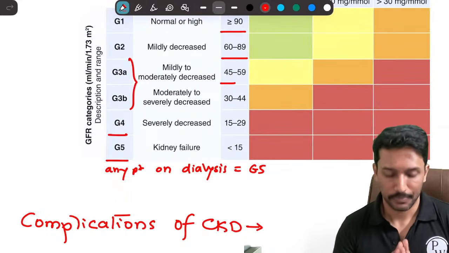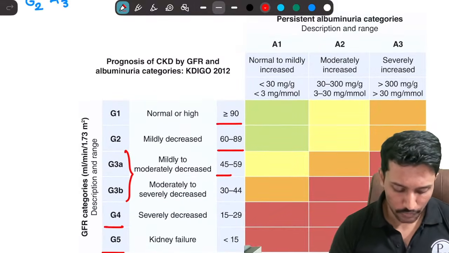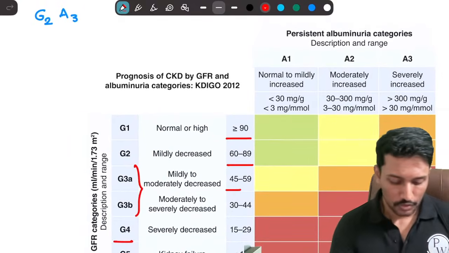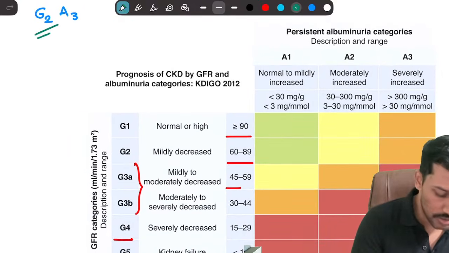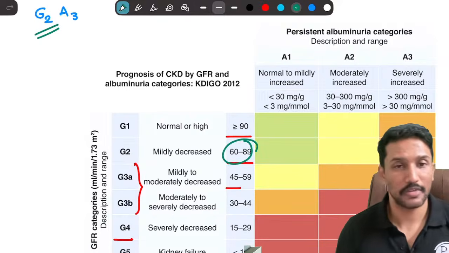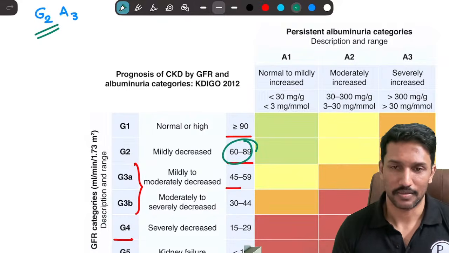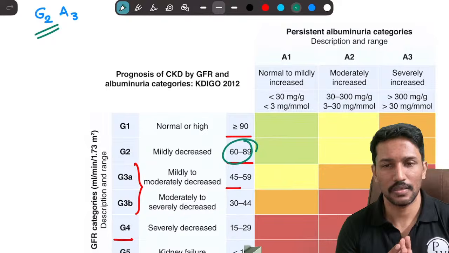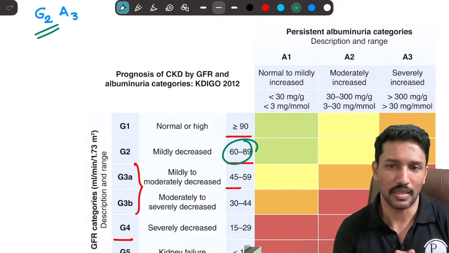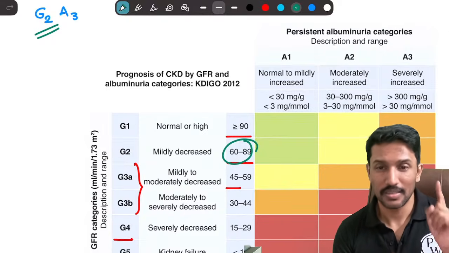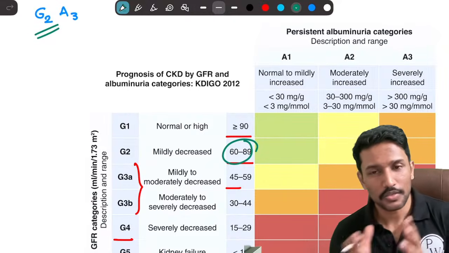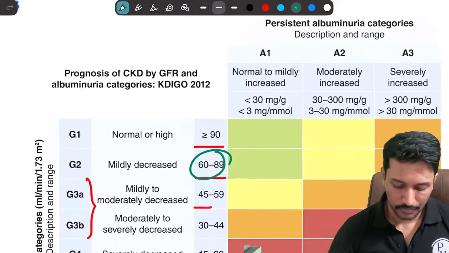So you have to remember that. So this is in terms of the GFR. So when you said G2 stage, that means the GFR is somewhere between 60 to 89. Like let us say 70 is the GFR estimated according to the CKD-EPI equation, then I know it is G2 stage. Now let us also talk about albuminuria.